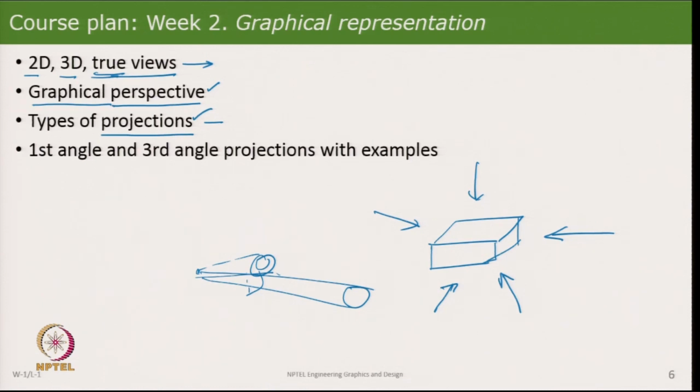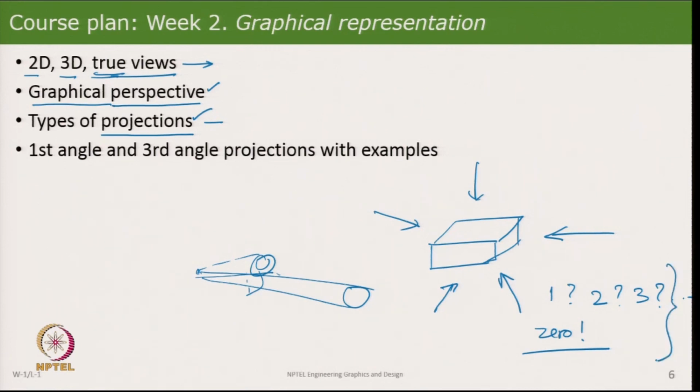So, the question here is, how do we show these projections? And second, how many projections are adequate for fully representing an object? Do I need one view, 2, 3, or more, or in some cases even the 0 projection, which is, can I communicate an idea of a picture without any drawing?